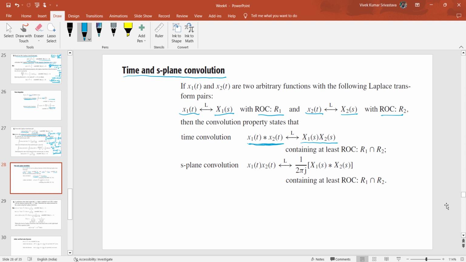Okay, means convolution in time is equal to multiplication in Laplace. And the region of convergence will be R1 intersection R2.